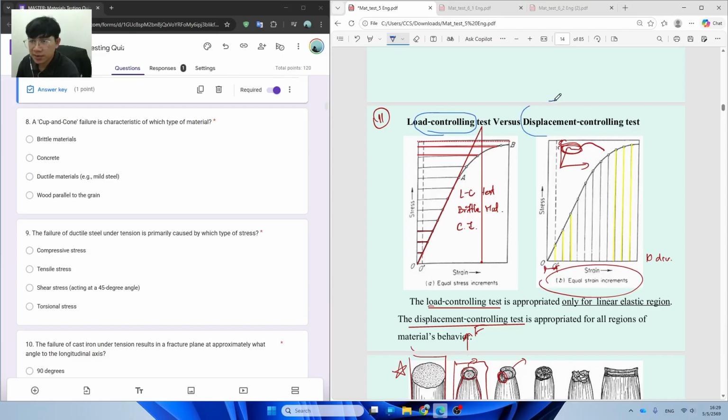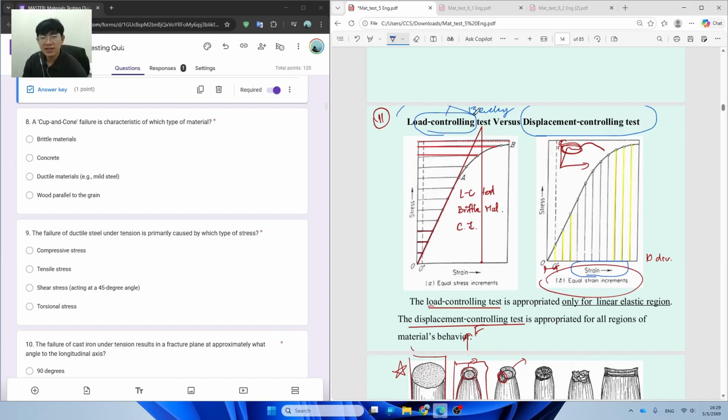Concrete is good only for bending. But for the displacement controlling test, you can get any behaviors of the material. You can adjust the strain to be smaller for the brittle material, and then you can record any behaviors of the forces according to the material behaviors.